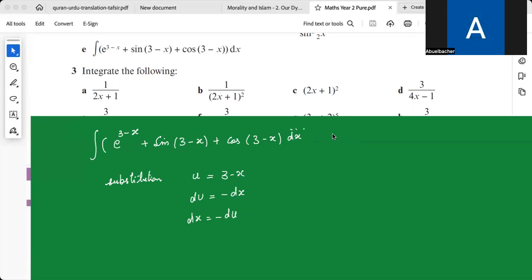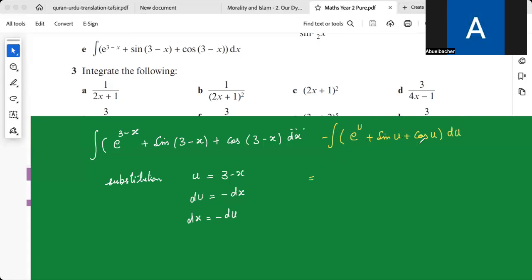After this substitution, we will get the integral of e power u plus sin u plus cos u into du with a negative sign.